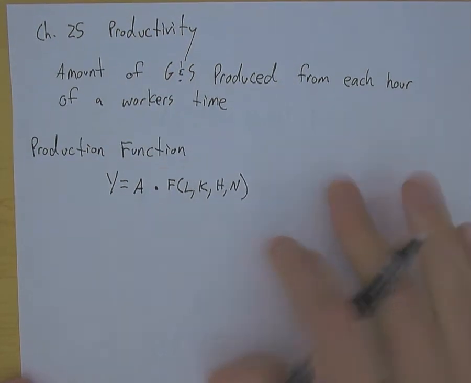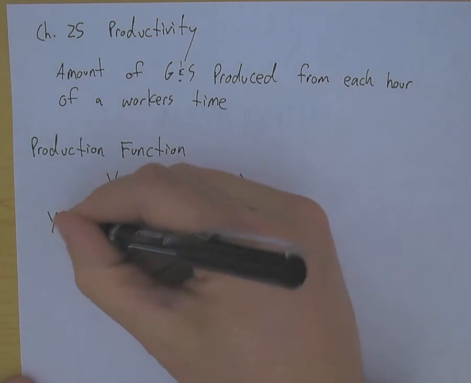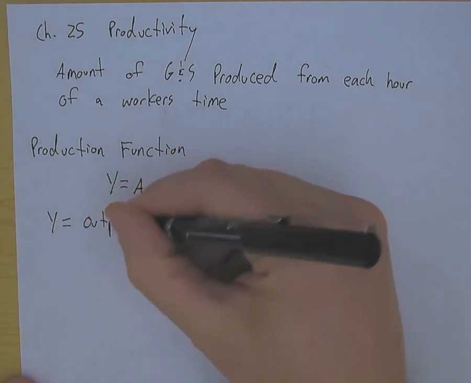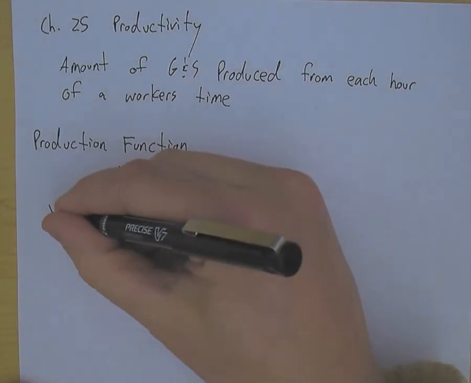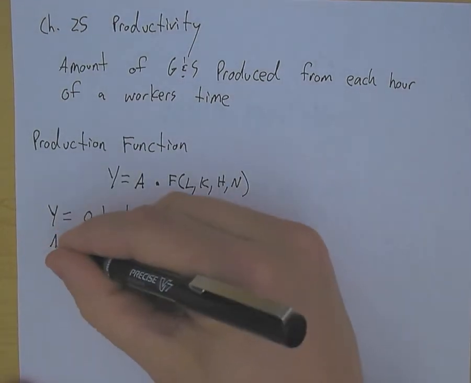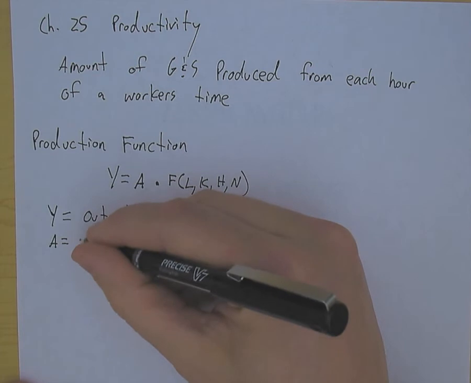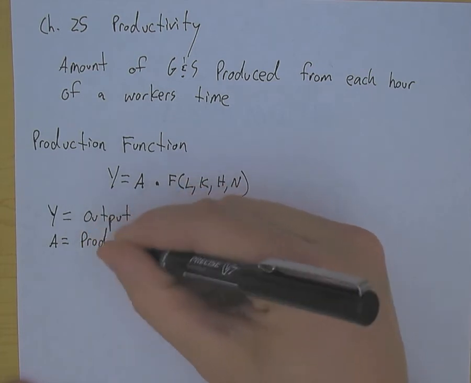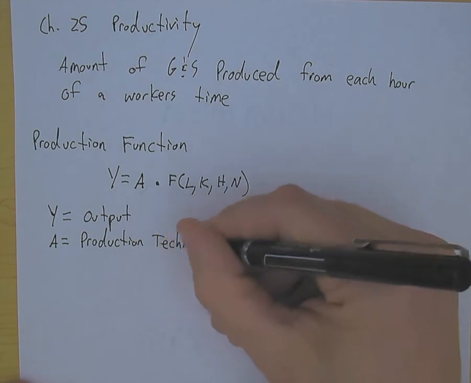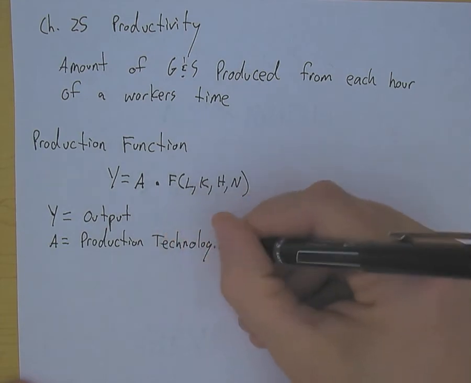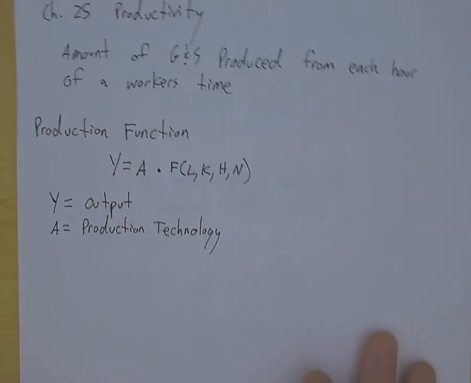Well, let's break down the variables. Y equals output. How much stuff is your society producing? A is your production technology. All your machines and tools that you can use to make things.